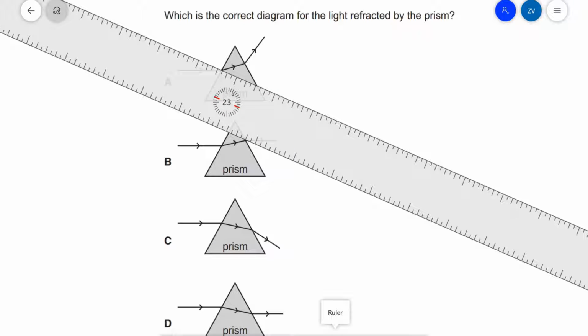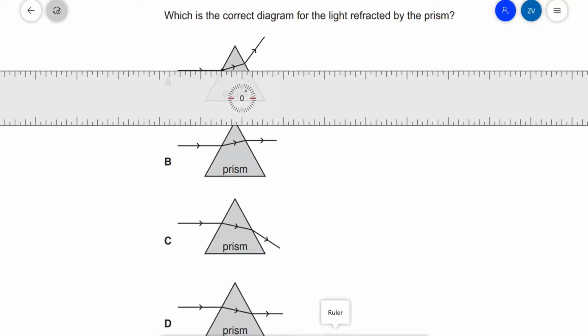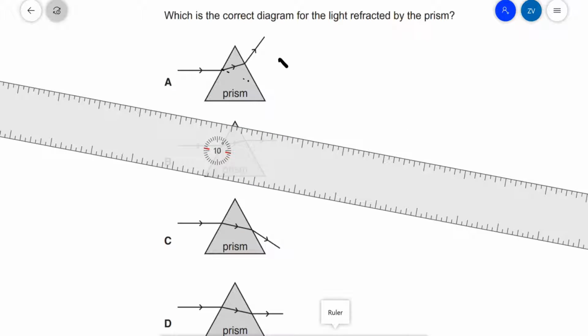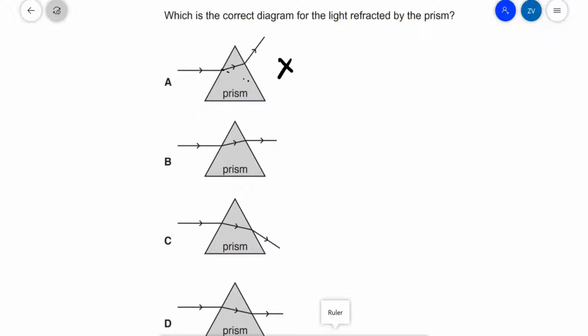Now notice that in case A, this light ray bends away from the normal, so it can't be this one. In case B, it also bends away from the normal.